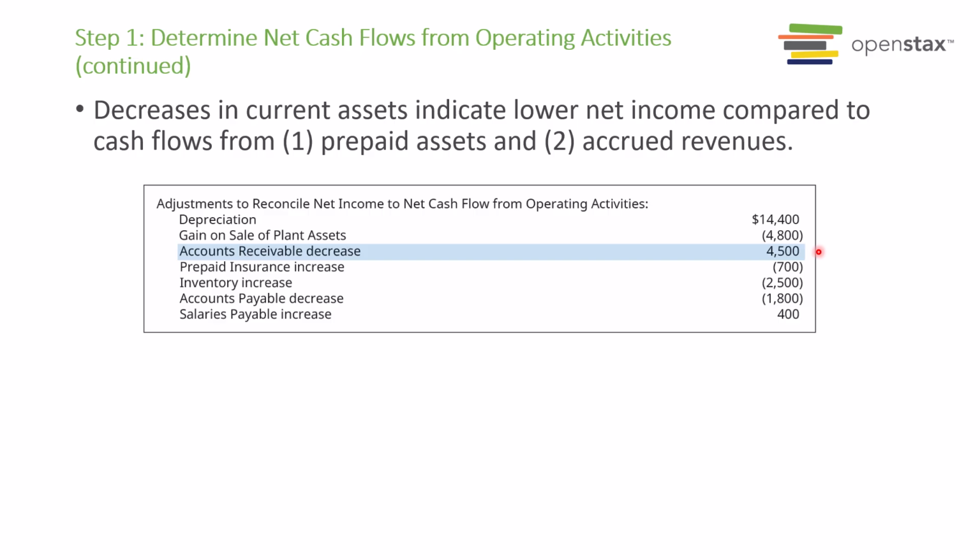So the receivable went down. So if the receivable went down because we had more money, we would do the reverse. So a decrease in receivables in that asset increases the cash into our cash account. So just remember to flip the value, flip the sign on any current asset in your operating section.